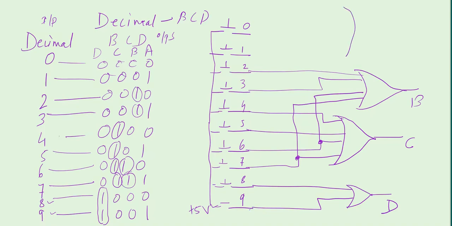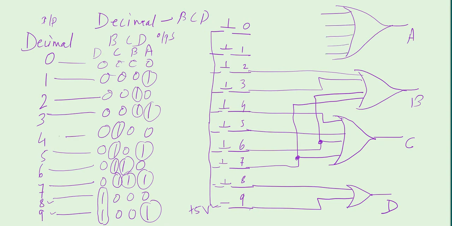Now consider the OR gate for A. A will be high under the cases 1, 3, 5, 7 and 9. So it will have 5 inputs: 1, 3, 5, 7 and 9. This will be connected to 1, this to 3, and this to 5.